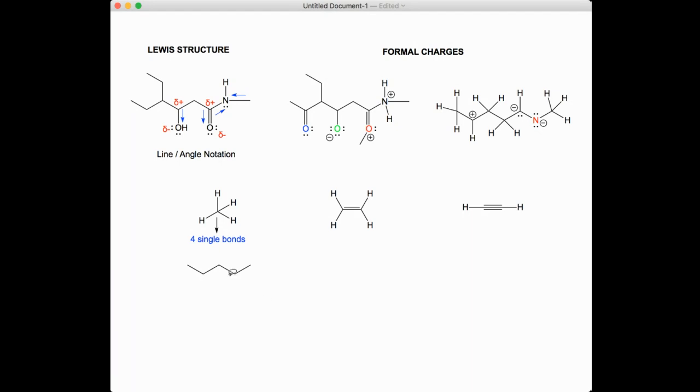Every carbon here is bonded to another carbon through a single bond, and they are bonded to 2 hydrogens, 2 hydrogens, 3. So every bond in this molecule is single. There are no multiple bonds. There are no double or triple bonds here. That's what I'm trying to say. So whenever you have only single bonds, just one bond between 2 atoms, that bond will be sigma.